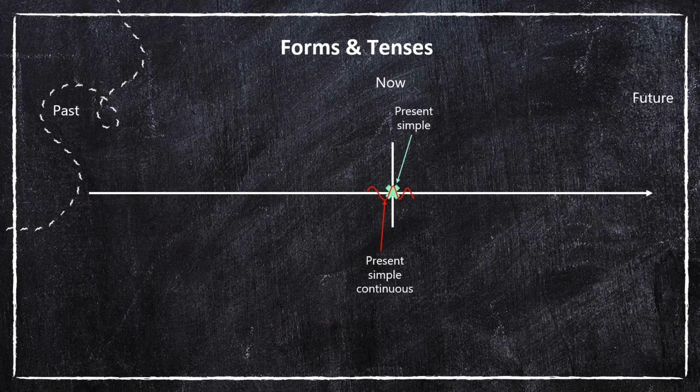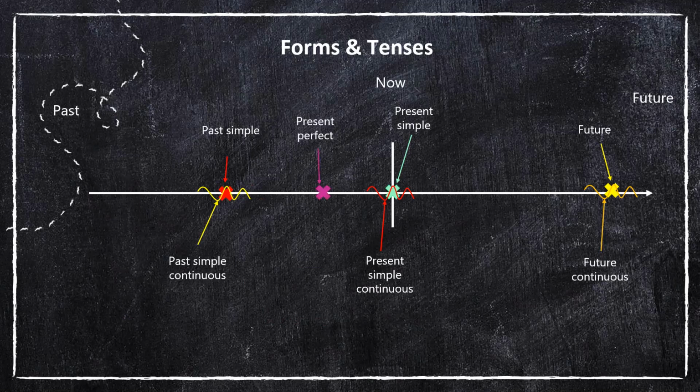You are watching my presentation. Then we have past simple. I ate pizza for lunch. Next is past continuous. I was eating lunch earlier. Then there is future. I will eat dinner later. And future continuous. I will be eating dinner at 6.